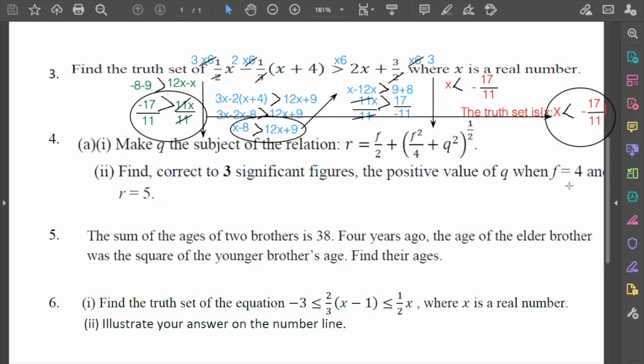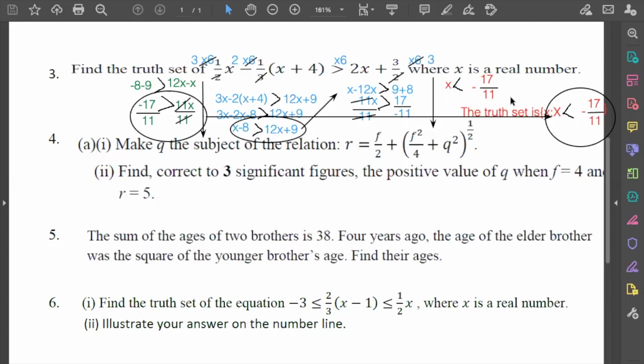If you divide an inequality by a negative value, change the sign. I hope you are okay. Yes, sir. Good. Can we continue?